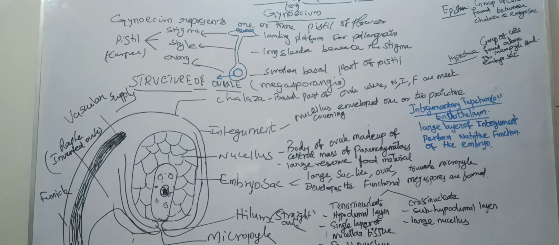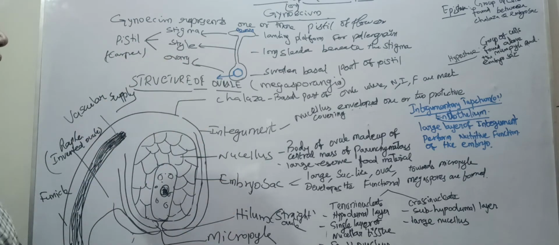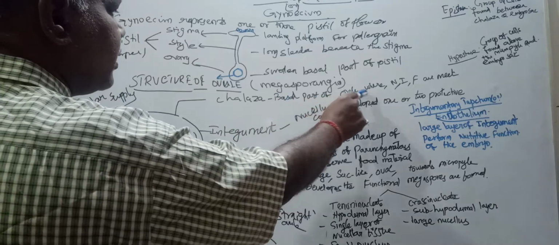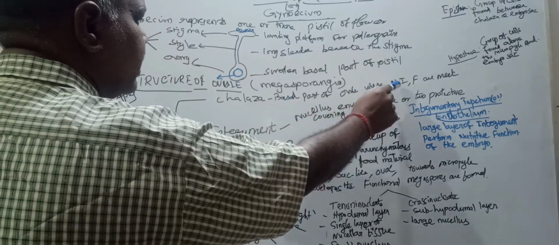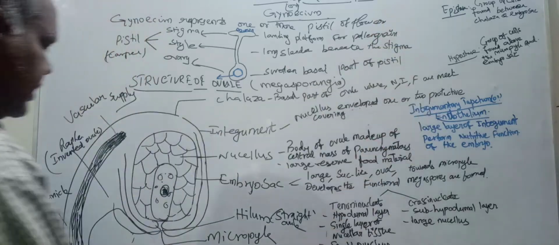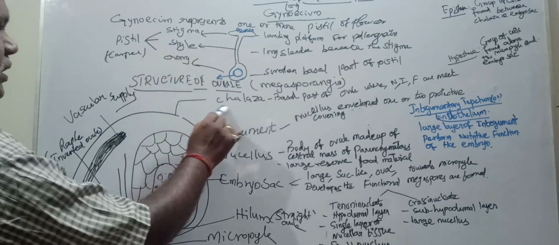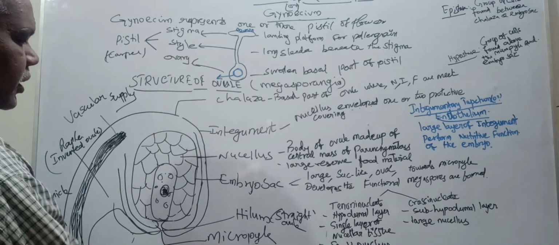Let us discuss the structure of the ovule. What is the meaning of chalaza? Chalaza is the basal part of the ovule where the nucellus, integument and funicle are joined. There are two ends, one is the chalazal end and the other is the micropylar end.